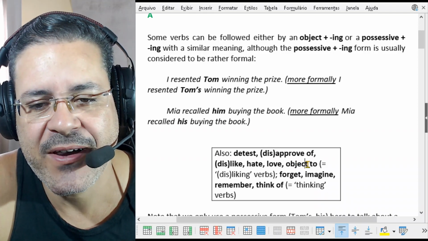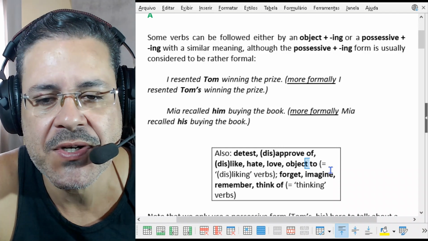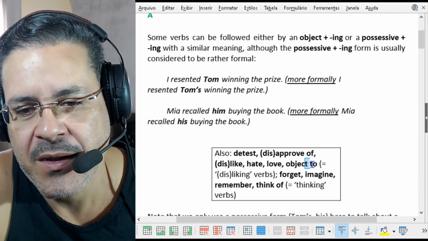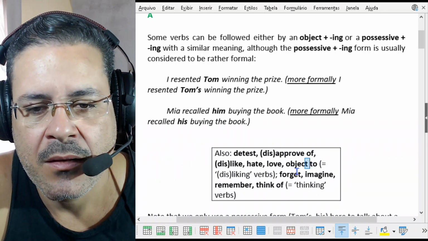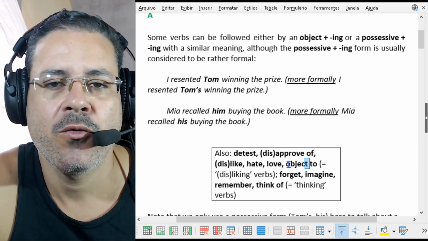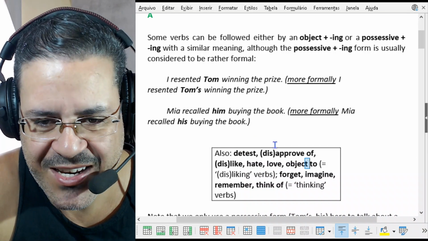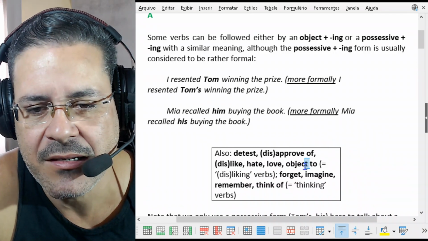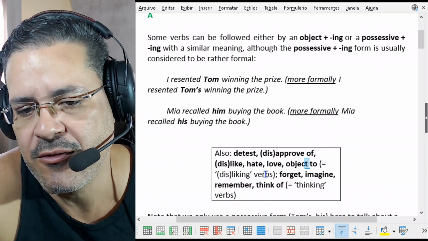So that final T usually is not pronounced because we've got another T sound at the start of the preposition to. Those, detest, disapprove of, approve of, like, dislike, hate, love, object to, are disliking or liking verbs.